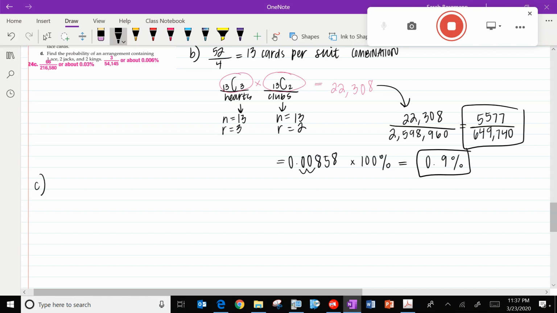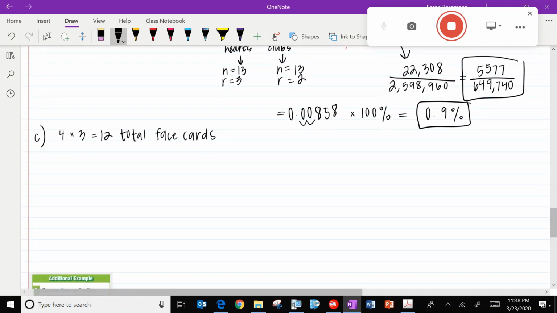Okay, so what we'll do is figure out how many total face cards there are. There's a Jack, King, Queen for every suit. So there's 4 suits. 4 times 3 gives us 12 total face cards.